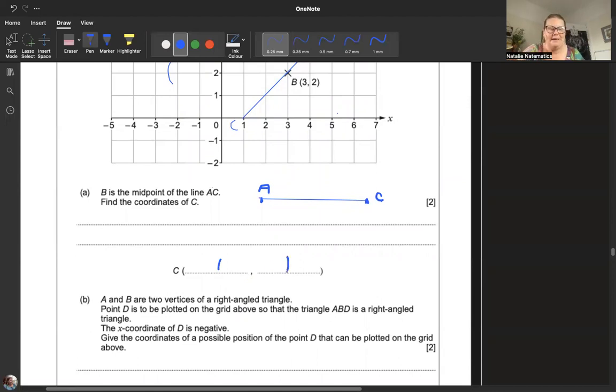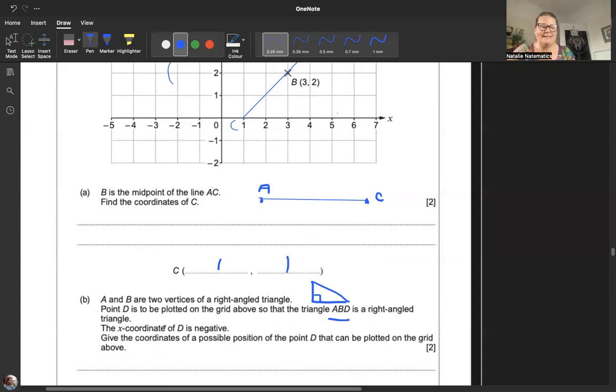Right, A and B are two vertices of a right-angled triangle. So when I see that, I'm going to be going right, that's a right-angle triangle. Point D is to be plotted on the grid so that the triangle ABD is a right-angle triangle.